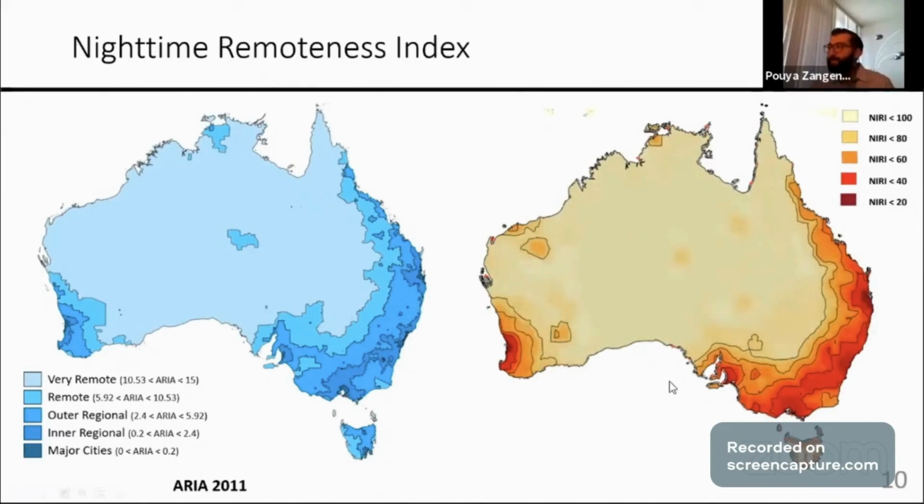This is what we call the Nighttime Remoteness Index, NIRI, for 2011 for Australia, shown on the same slide with the ARIA index.